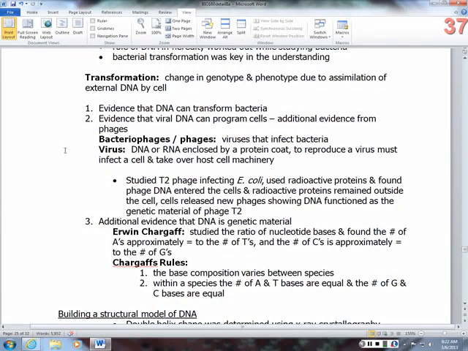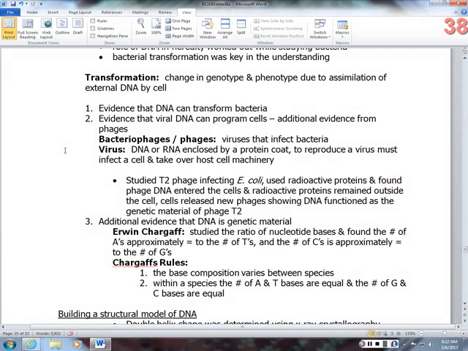It doesn't have any organelles or anything else like that. They're pretty simple objects. In order for the virus to be able to do anything, it has to go into a host cell and use that host cell's machinery. So that gave more evidence that the instructions were in the DNA, because that's basically what the virus put in.